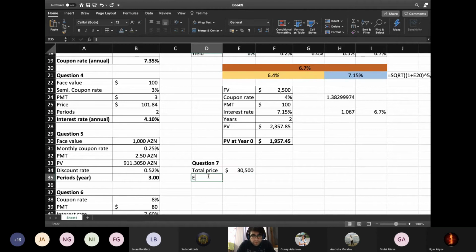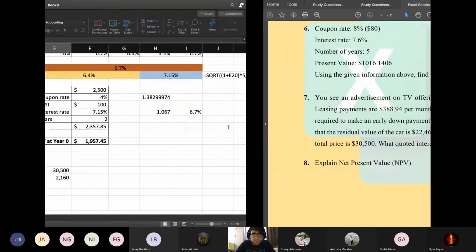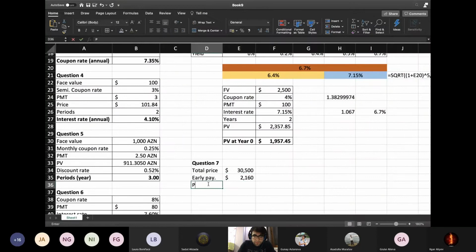You have early payment, $2,160. And so we subtract it. We are finding present value, total price minus early payment. Our present value is $26,340.